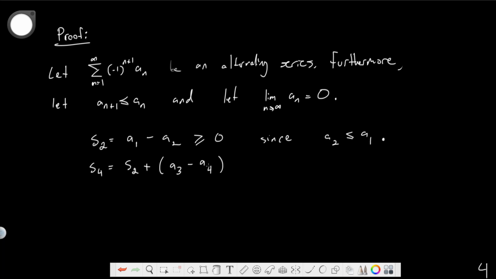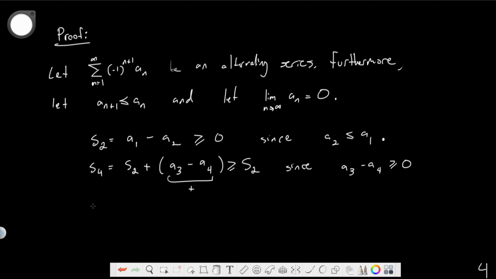Since a sub 4 is smaller than a sub 3, this thing is positive, and a number plus a positive number is going to be bigger than that number. So S sub 4 is guaranteed to be larger than S sub 2, since a sub 3 minus a sub 4 is greater than 0.